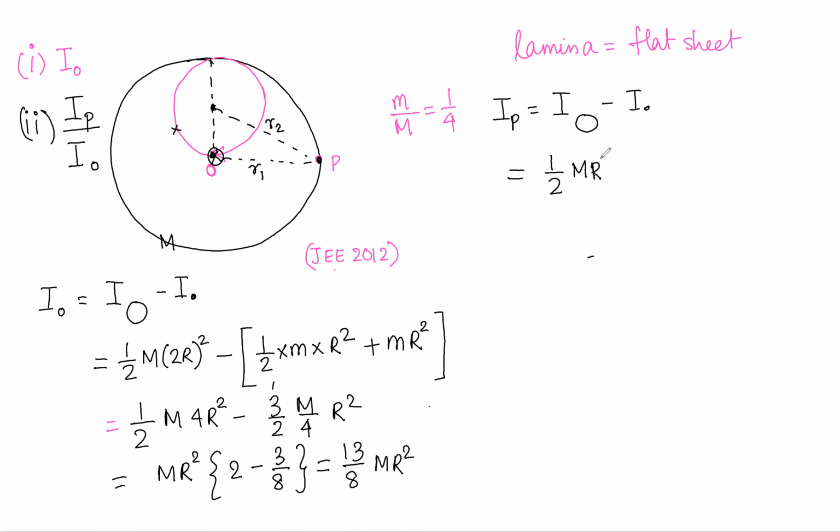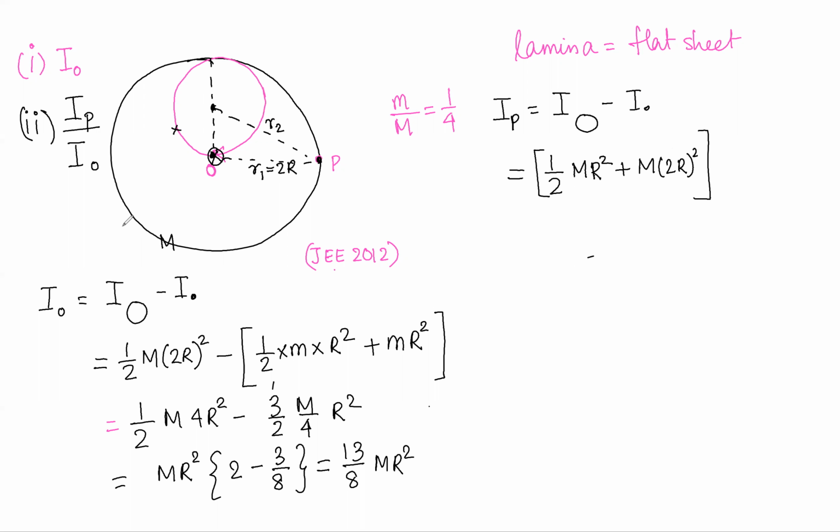Just keep in mind that for this disk the axis is different. The axis is at the edge of the disk. So this is half MR squared, but the parallel axis theorem has to be applied. Over what distance? R1 is equal to 2R. So you will have to add M into 2R squared. Which mass? The mass of the original disk, not after cutting out. The original mass of the disk, M.